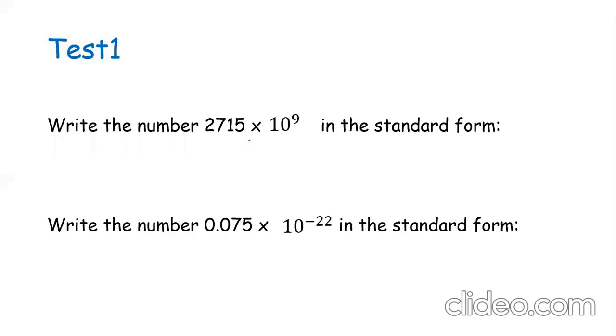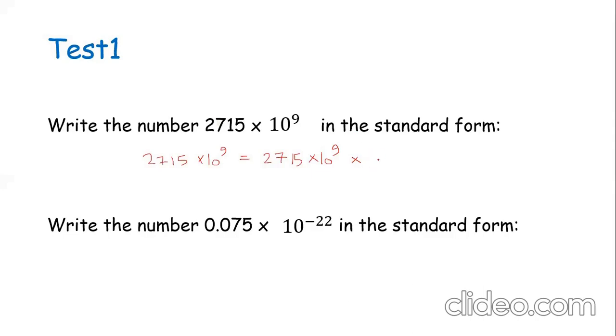So we write first 2715 multiplied by 10 to the power of 9, and this is equal to 2715 multiplied by 10 to the power of 9 multiplied by, we have to move the decimal point 3 places here in order to leave only 2 before the decimal point.